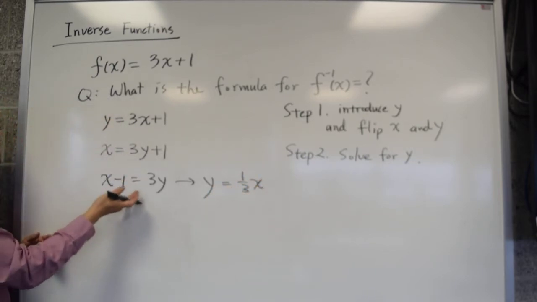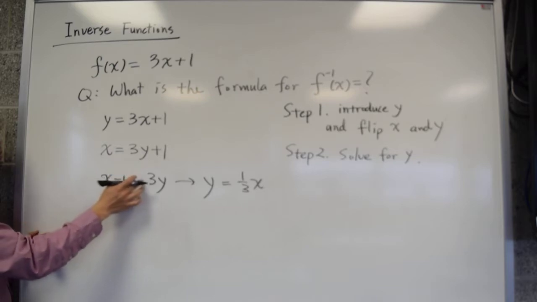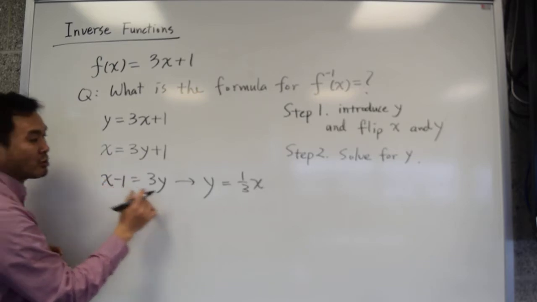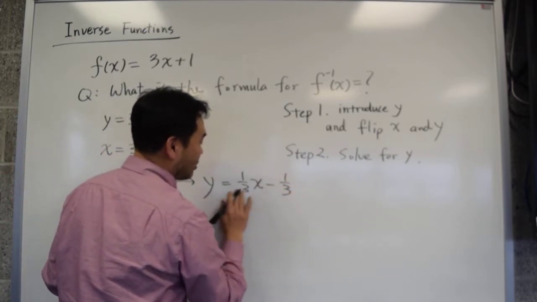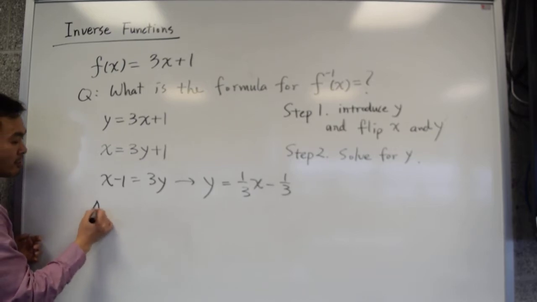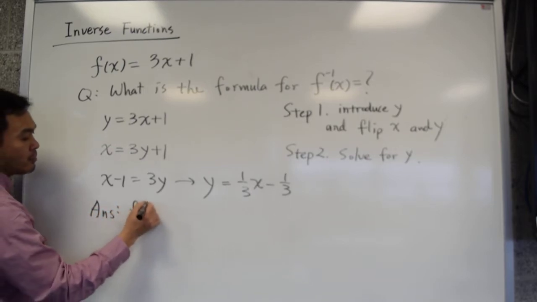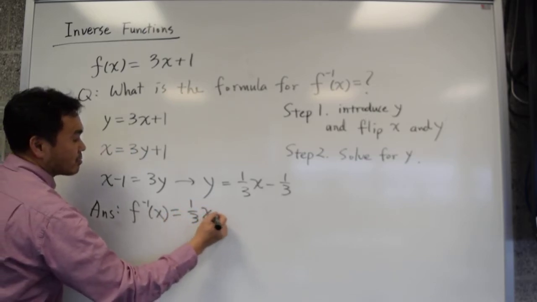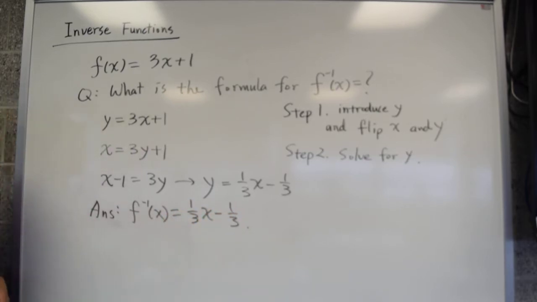Well, dividing by 3 is the same as multiplying by 1/3, right? So I multiply 1/3 both sides. So I get 1/3 times x and 1/3 times 1, which is 1/3. So that's the formula. And therefore, finally, the answer is f inverse of x is 1/3 of x minus 1/3. So that's how you find the inverse function.